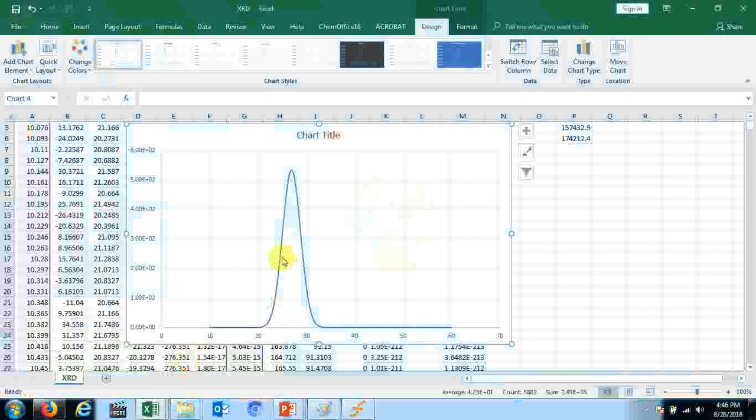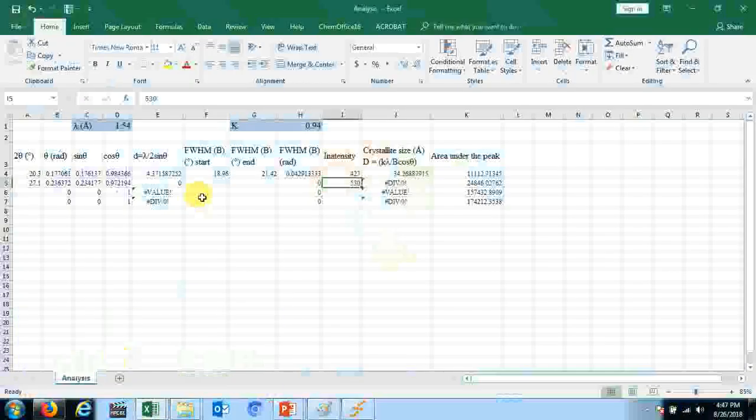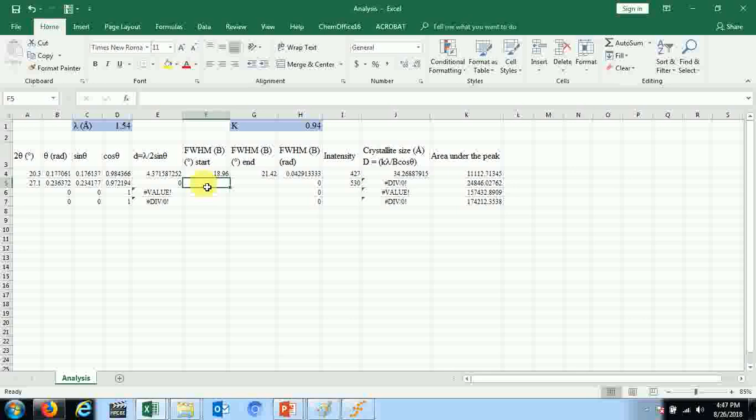At around 265, what is the starting point on the x-axis? It is 24.71.